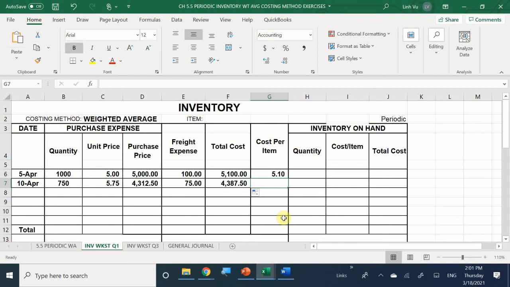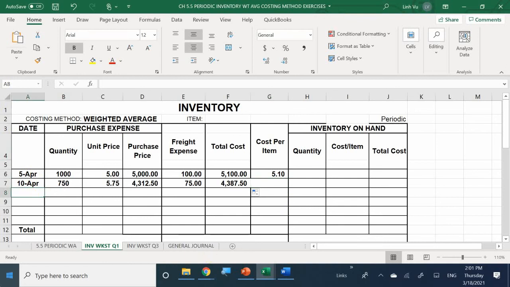What matters is my total quantity and my total cost. That's what I care about. If you have Excel and you plug in the formula anyway, it's not wrong, it's just extra work.